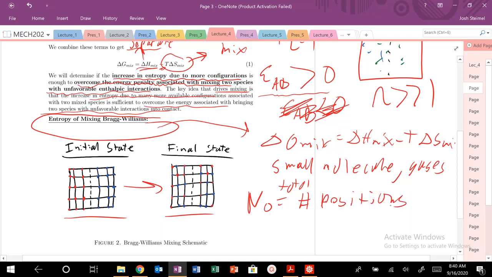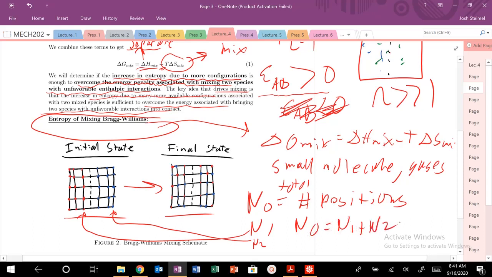And we have N1 molecules, which we'll call our red molecules, and N2 molecules, which we'll say are our blue molecules, where we fully occupy every site in our lattice, so N naught equals N1 plus N2. So that's the situation that we have here.